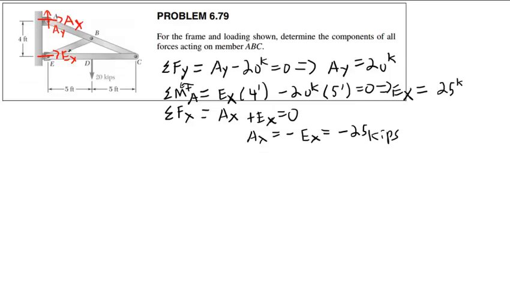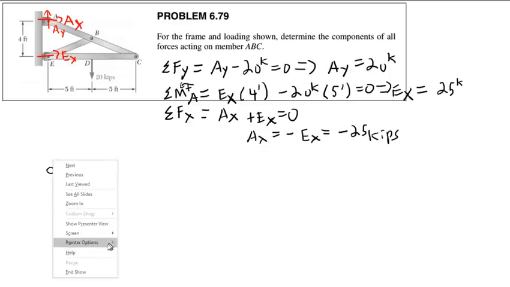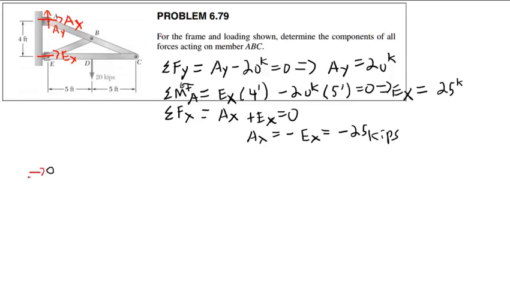So I want to get the force in member EB. So let's consider joint D. Or sorry, joint E. I'm just looking ahead at where this is going to go. All right. So say we have EX, right?